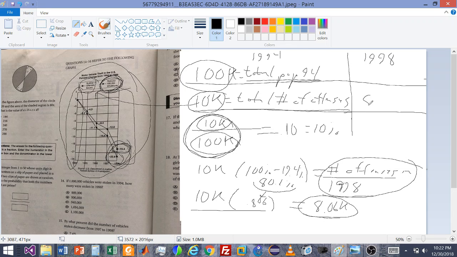So 8.06K. Alright, now we need one more piece of information here in order to find out what the population actually was in 1998, and we can relate it per 100,000 inhabitants. So this would be a good place to pause. I'm going to clear this out, the bottom pieces of information.